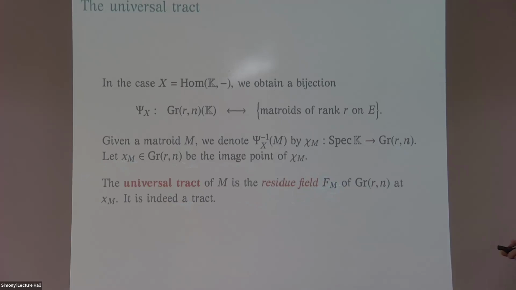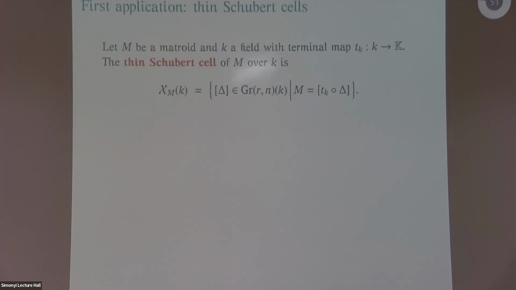I hope you don't get confused, but this residue field is what we call the universal tract. So a matrix determines a point in the Grassmannian, and this point has something like a residue field, which is really a residue tract. And this residue tract governs the representation theory of the matrix.